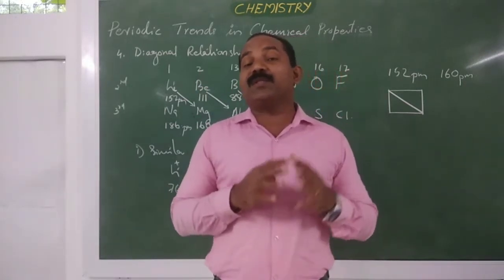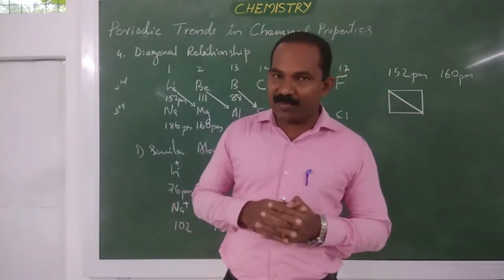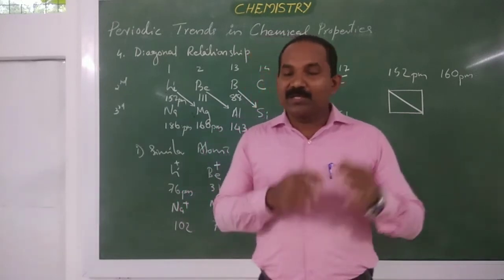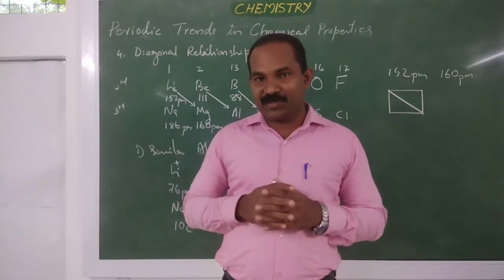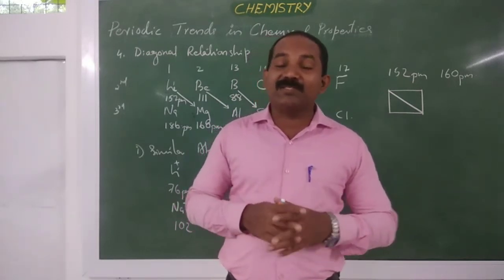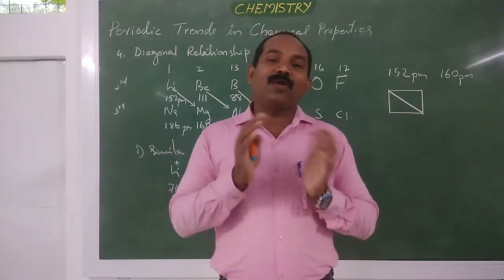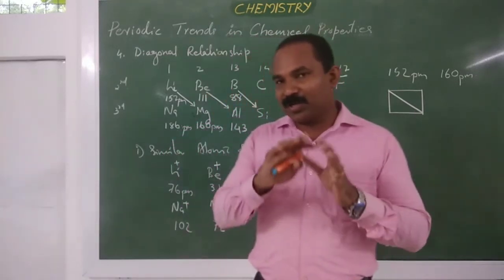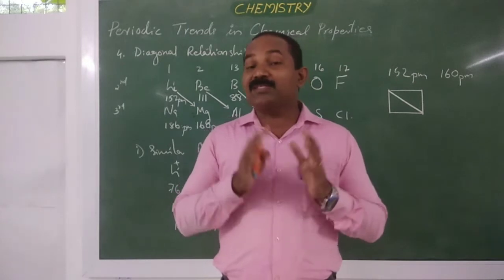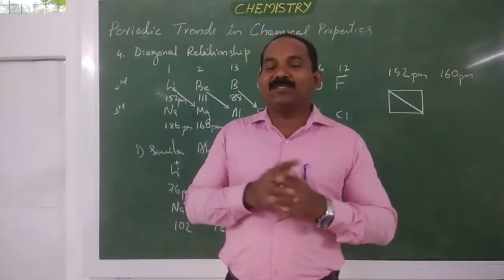Next is similar ionization enthalpy and electronegativity. And the next is similar polarizing power. Charge by radius ratio is almost similar, that means similar polarizing power.